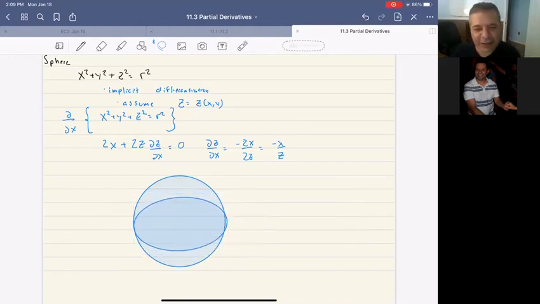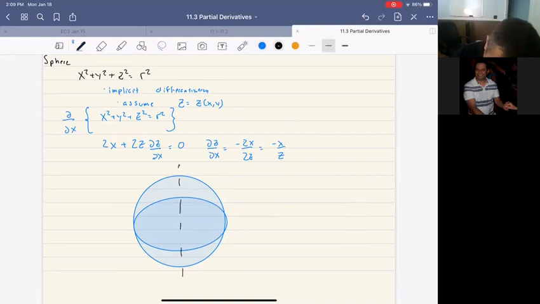There we go. That's terrible, but whatever. It'll work. Okay, so let's say that you're at a point on the sphere, let's say here on the sphere.